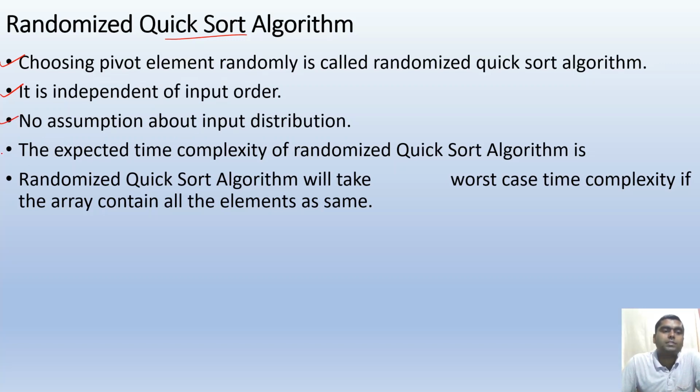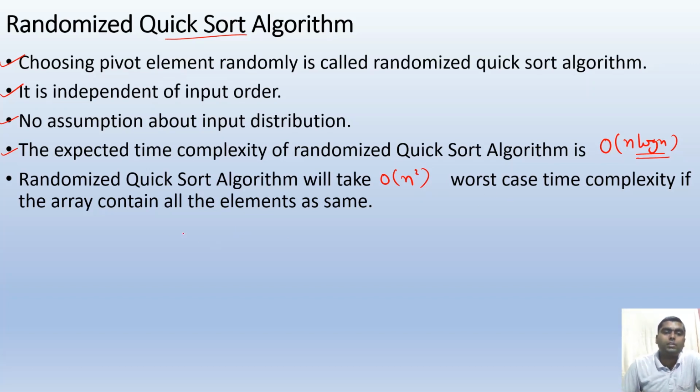And next is what? The expected time complexity of randomized quicksort algorithm is going to be what? It is order of n log n. Okay, order of n log n. And randomized quicksort algorithm will take what? Order of n square when all the elements are same.